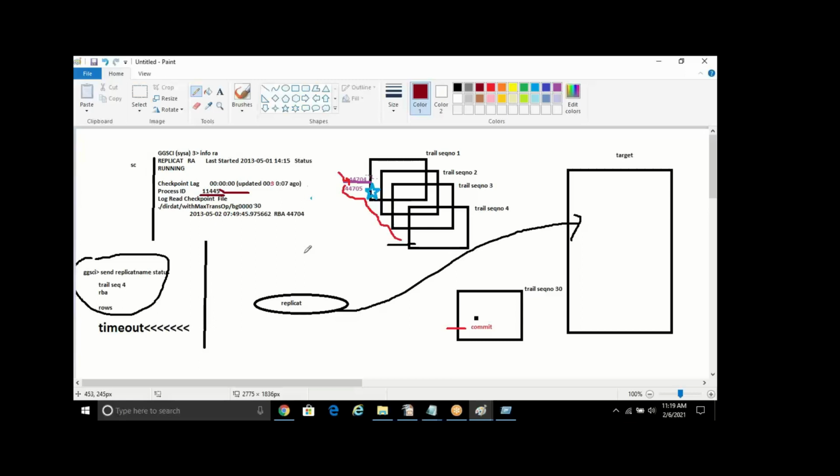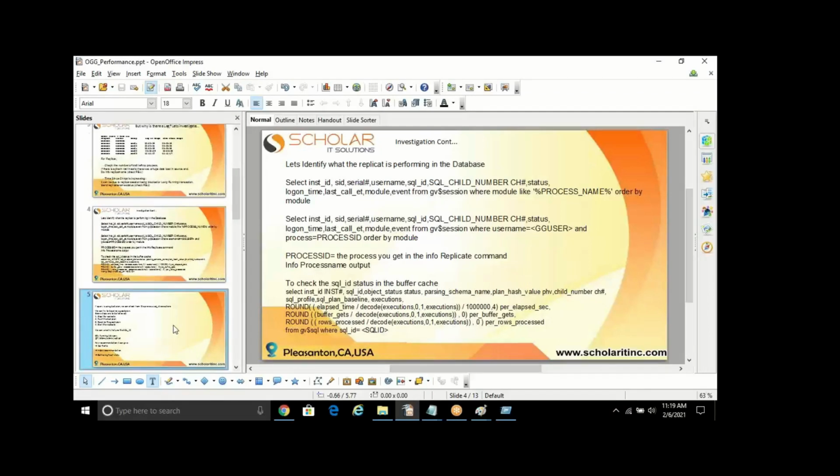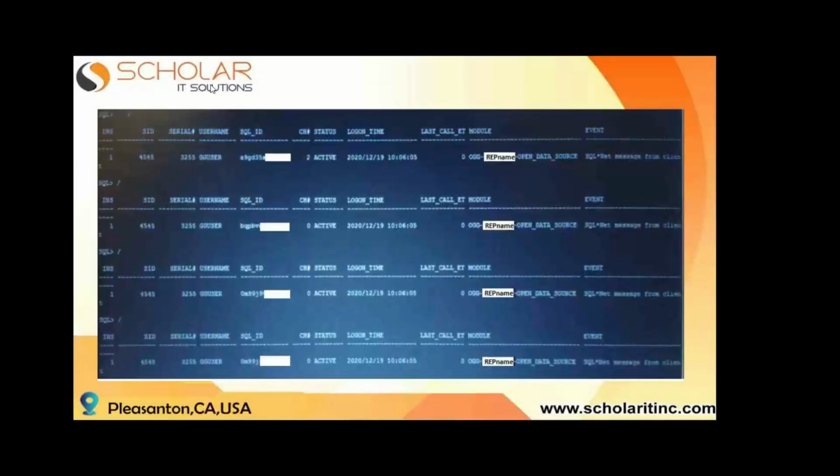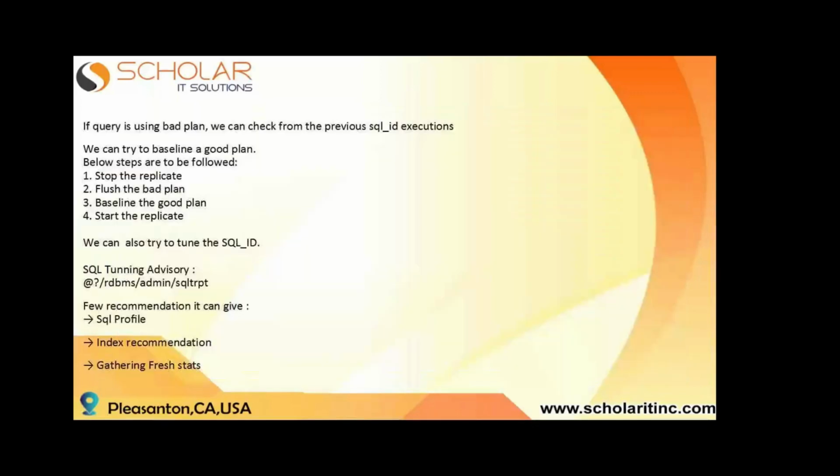So your replicate is having lag, right? And then you check what it is doing in the database, and you found that it is spending a lot of time on a few SQL IDs. You identified that. Okay, now let's see what more we can do. Here you have to work on the tuning part now.